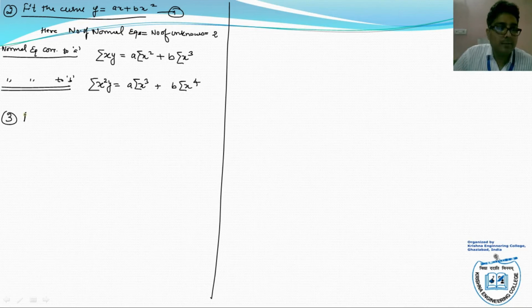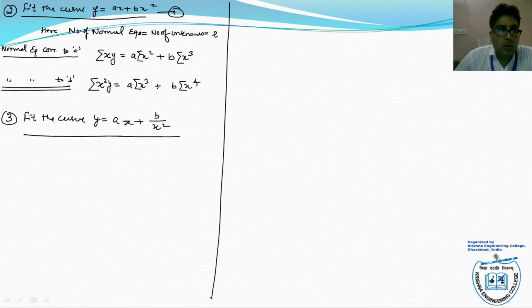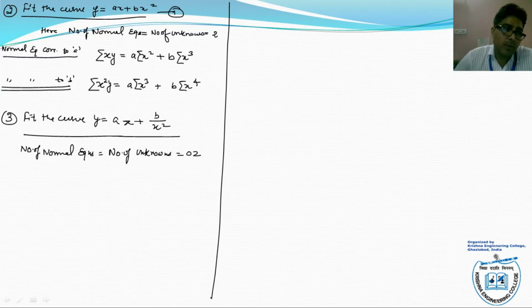Next, fit the curve y is equal to a x plus b upon x square. Here the number of normal equations is equal to the number of unknowns, which is 2, corresponding to constant a and constant b.